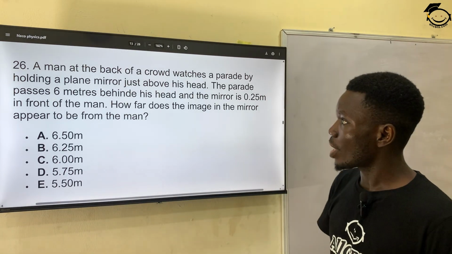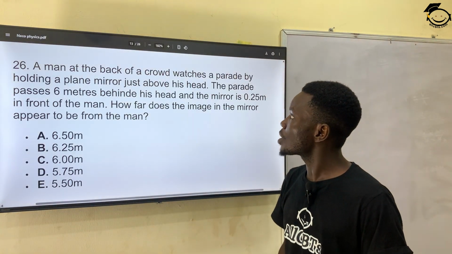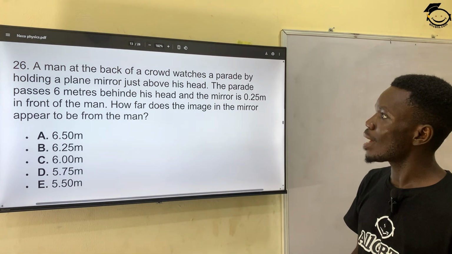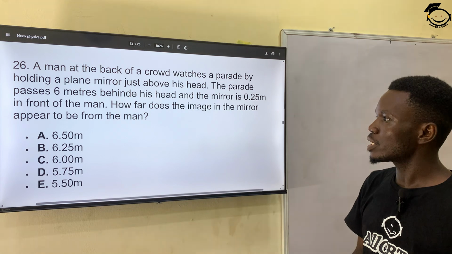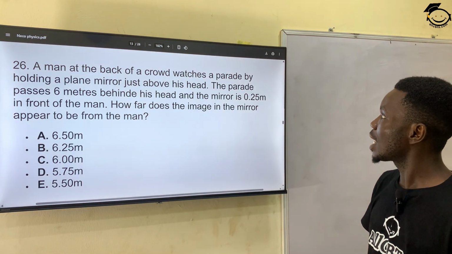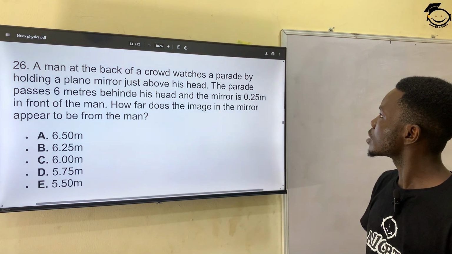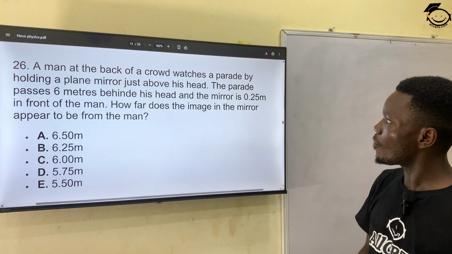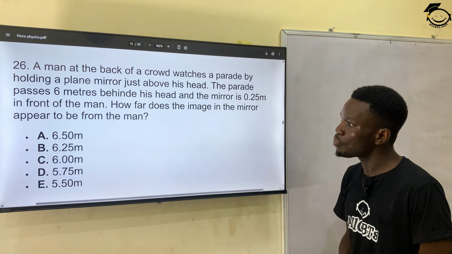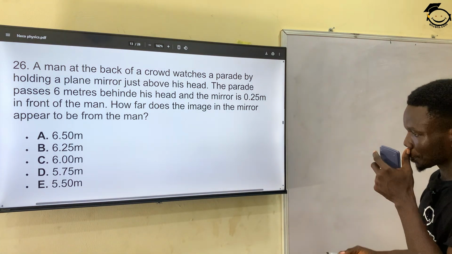So question number 25 says, a man at the back of a crowd watches a parade by holding a plane mirror just above his head. The parade passes 6 meters behind his head, and the mirror is 0.25 meters in front of the man. How far does the image in the mirror appear to be from the man?